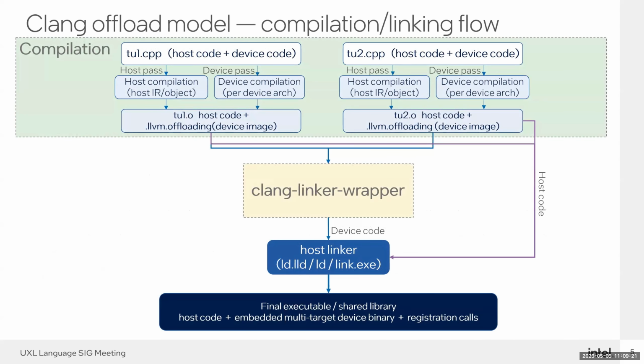And let's start from the Clang offload model compilation and linking flow. We start from, for example, a couple of input C++ files, which both contain host code and device code. For them, Clang frontend is run for host and for device separately, producing a host IR object and a device IR object per device arch.